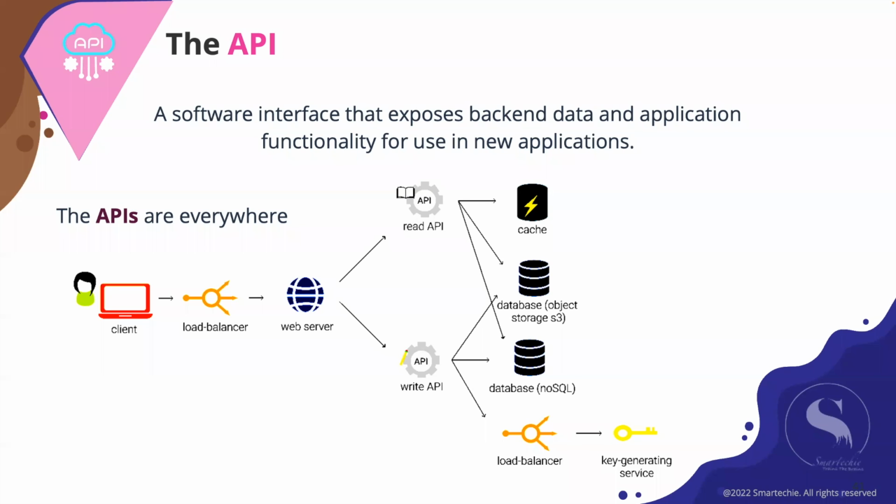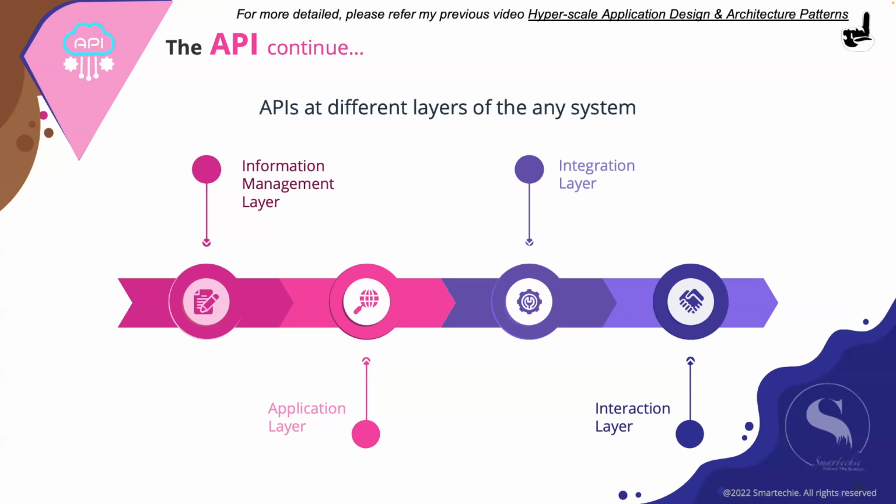These are the places where APIs can be incorporated to access other systems in the whole system of the product. So the APIs can be placed at different points of the product landscape.